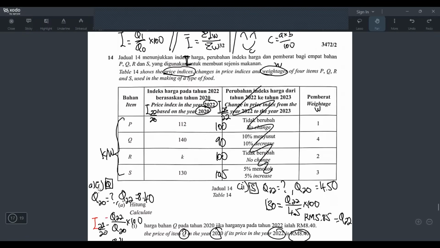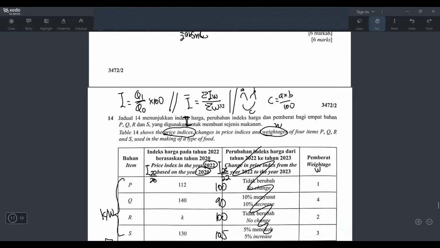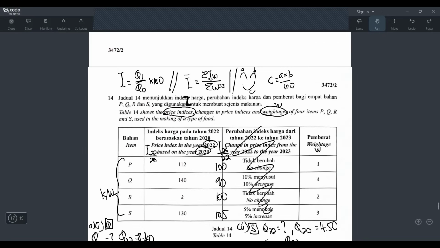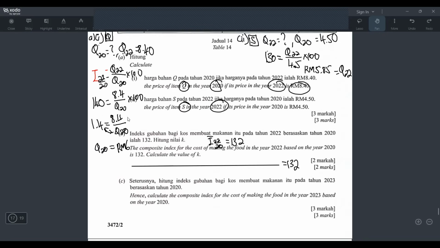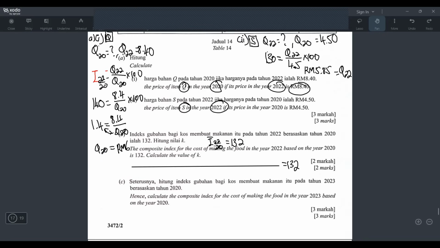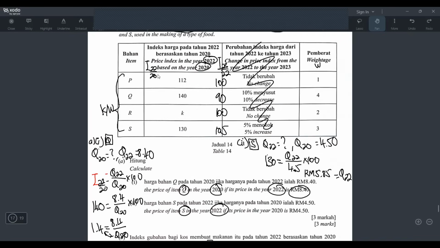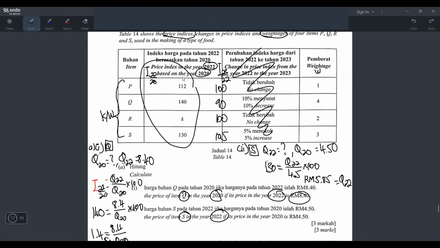Okay, and we all know the formula for composite index, I write here already, is to take the total of index times with weightage, divide with total weightage, right? But of course, the I, you have to make sure it's the same year for the composite index. So this is the composite index for 2022 over 2020. So of course, you have to look at the 2022, 2020 punya lah, right? And don't forget to multiply with weightage. So 112 times 1.